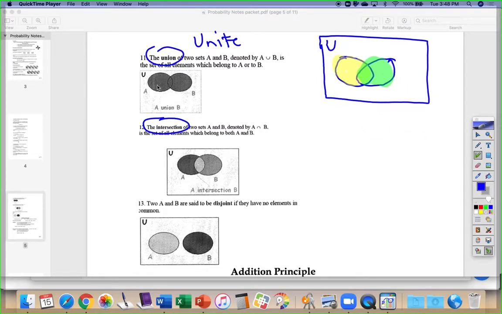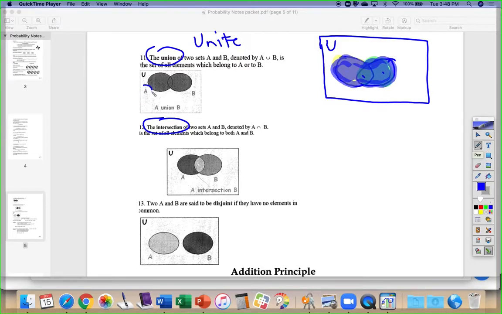So the union, as is highlighted, is actually everything in a possible outcome is in the union of those two outcomes. Everything. So if I say left only, that's in the union. Right group only, that's in the union. Overlap is in the union.